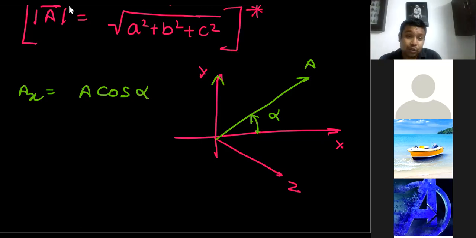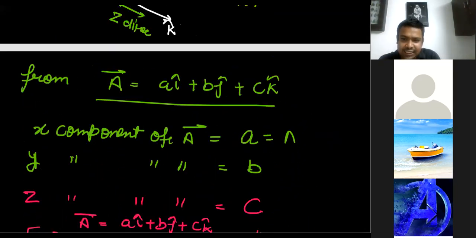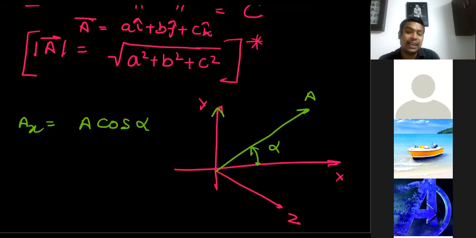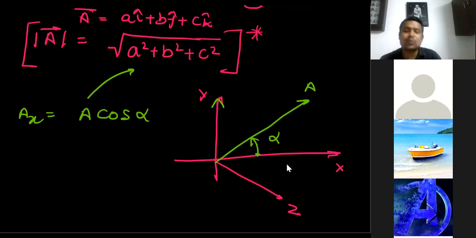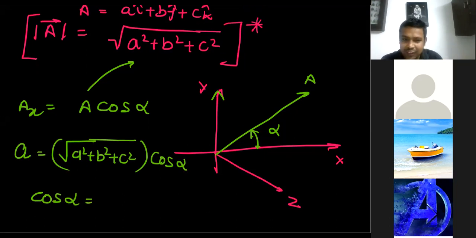Okay. So Ax is small a, and A is the square root of a square plus b square plus c square. So we can say that a equals A into cos alpha, where A is the square root of a square plus b square plus c square. Then cos alpha is what?